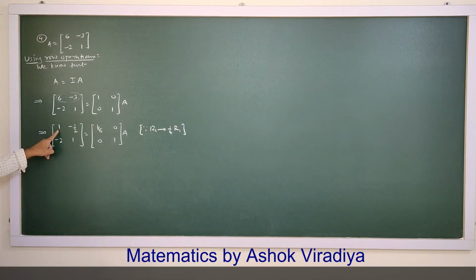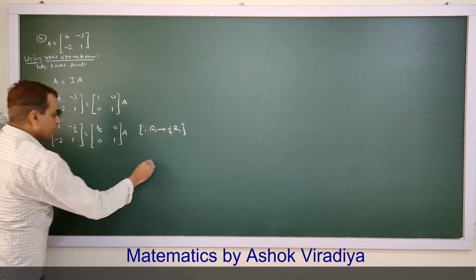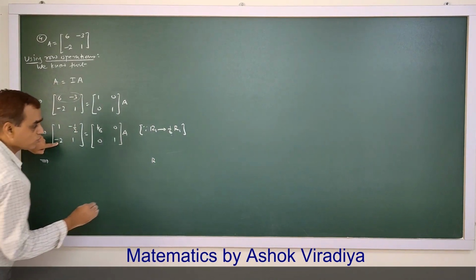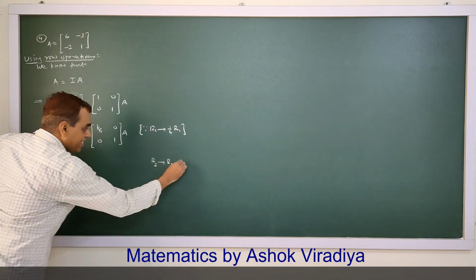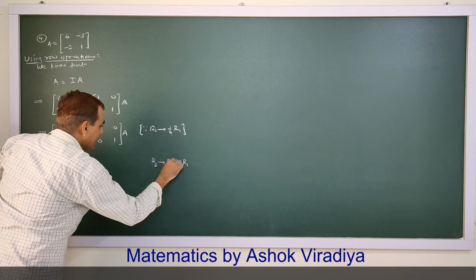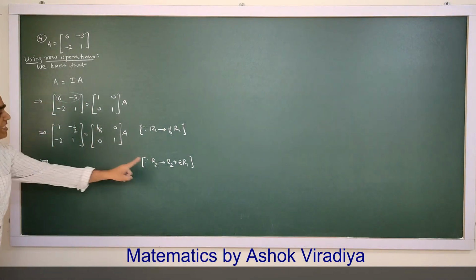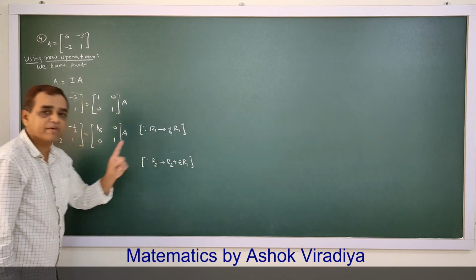So 1 is obtained. Next, we want 0 here. So to have 0 here, we multiply the first row by 2 and add to the second row. So the change will be in the second row. In the second row, after multiplying the first row by 2, we add.